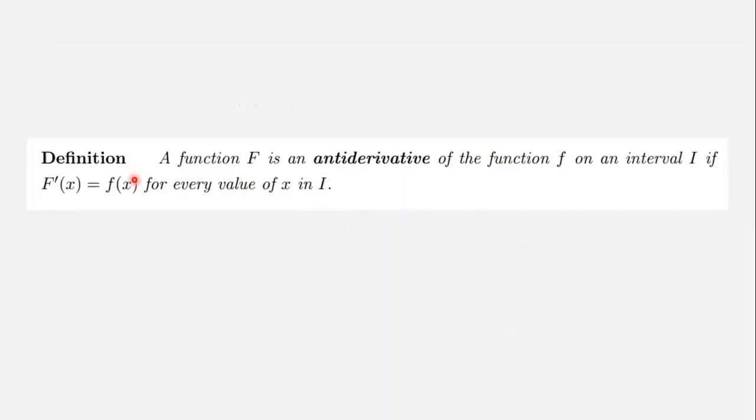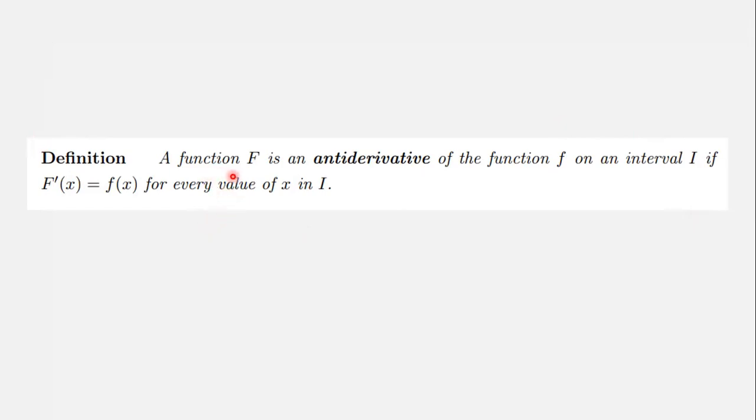By definition, a function capital F is an antiderivative of the function small letter f on an interval I if F prime of x is equal to f of x for every value of x in I. This is a general definition, and please take note of it, for this will be very useful as we move on to the solving part.